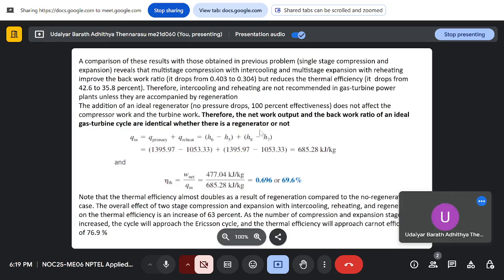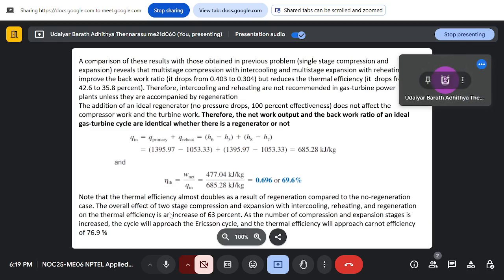Even if the regenerator is not fully efficient, the efficiency will drop a little, but it will still be higher compared to the previous cases. The thermal efficiency has almost doubled compared to when the regenerator was not used.